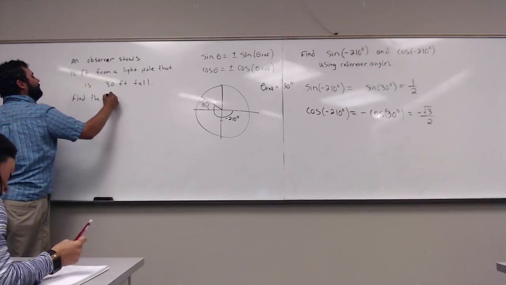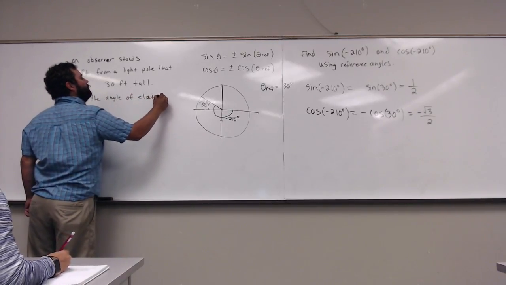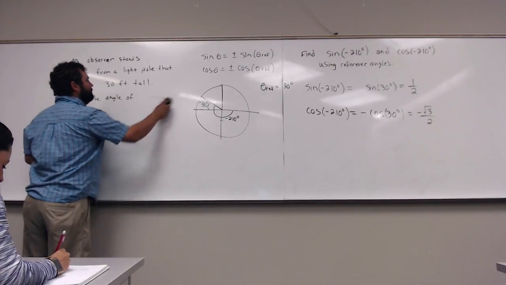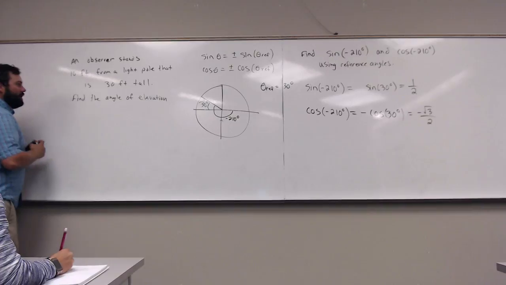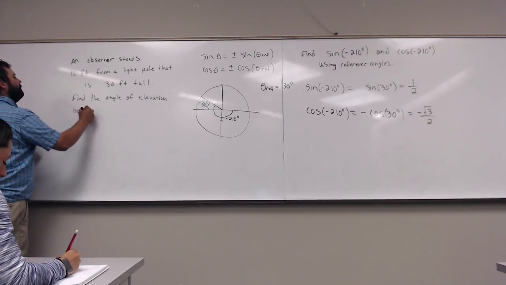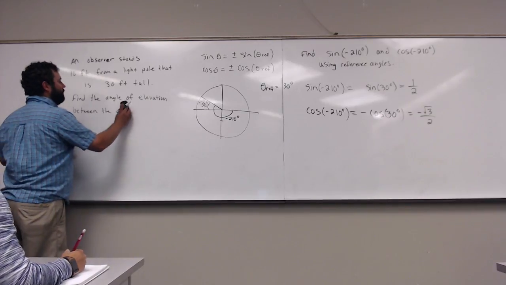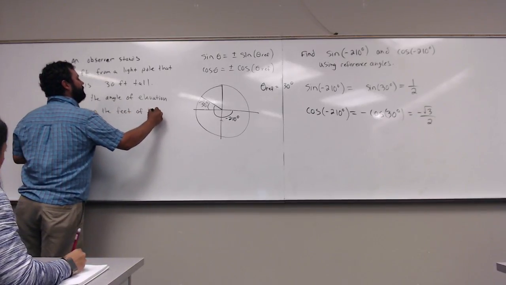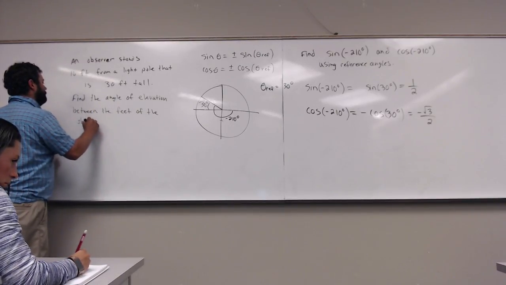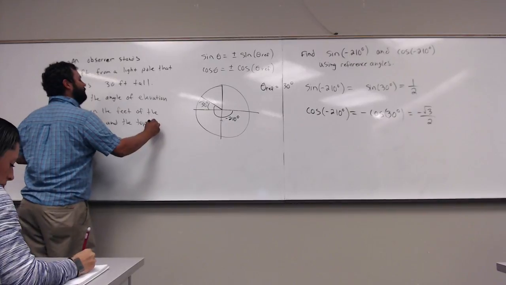Find the angle of elevation between the feet of the observer and the top of the pole.